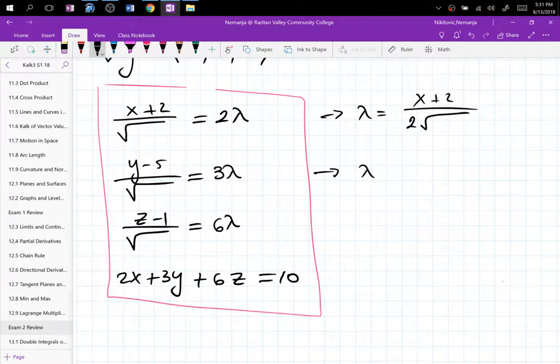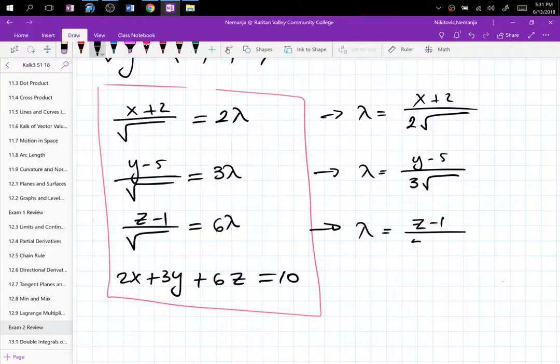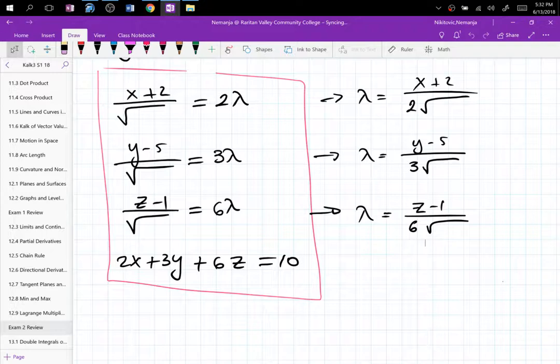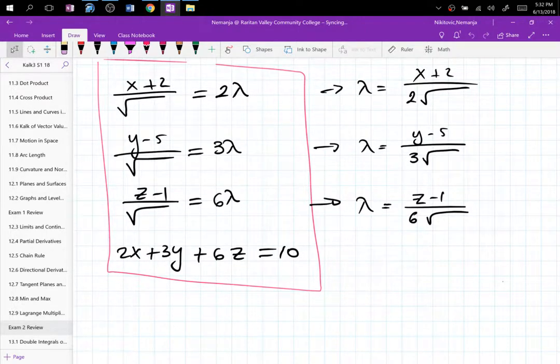From this equation, lambda is (y minus 5) over 3 square root. And over here, lambda is (z minus 1) over 6 square root. So now we are going to equate, let's say, the first and second, and the first and third. It doesn't matter.